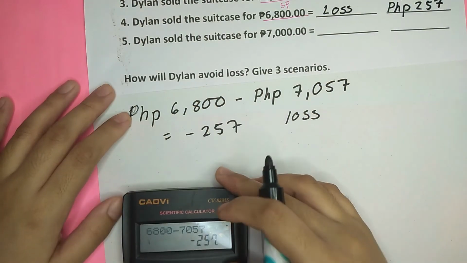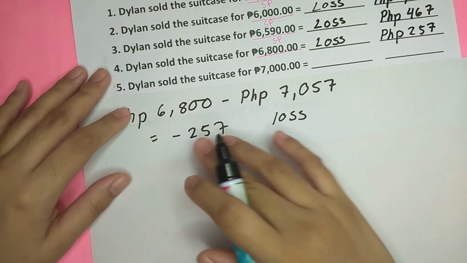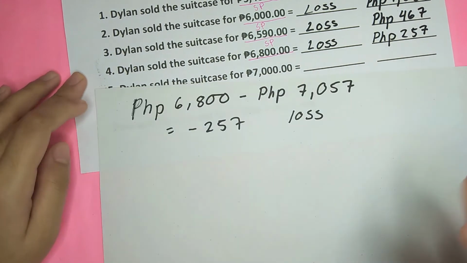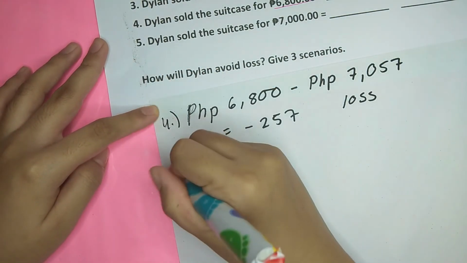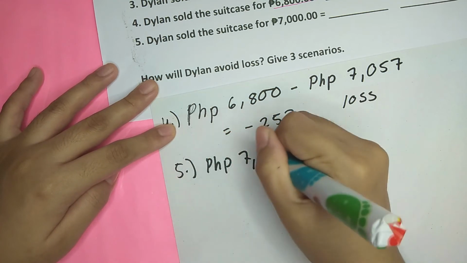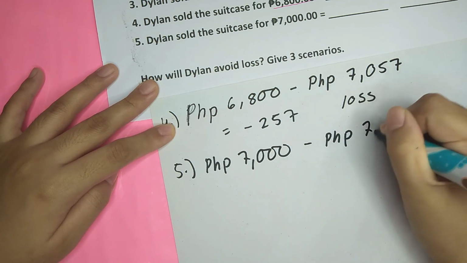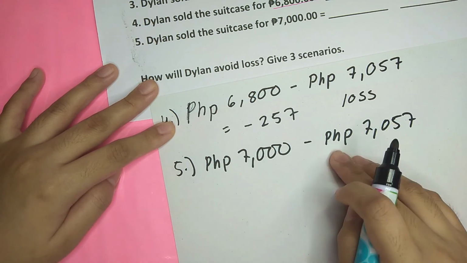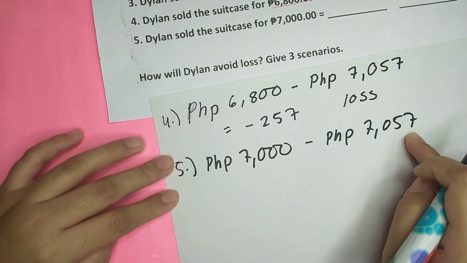Okay. So, for number 5, Dylan sold the suitcase for 7,000 pesos. So, selling price ulit yan. So, ang selling price 7,000 pesos minus yung cost tsaka yung mga expense, hindi nagbago, 7,057.